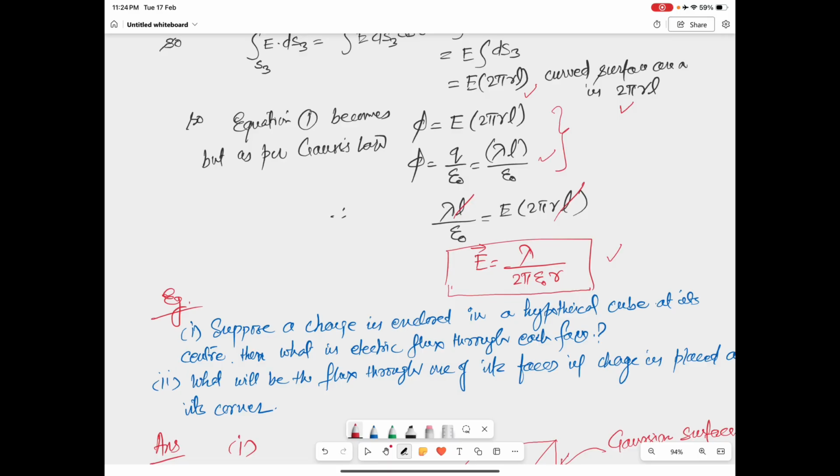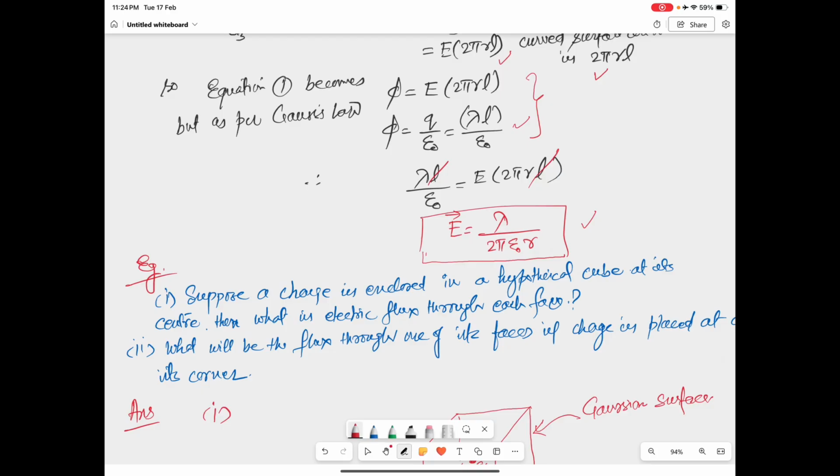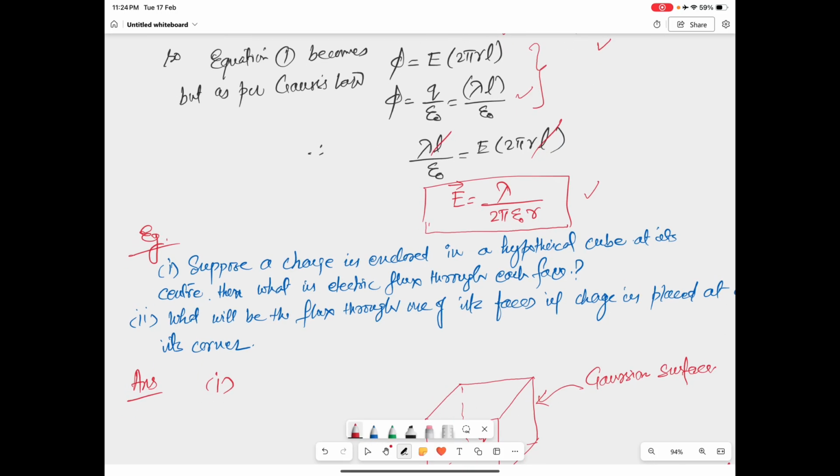The same I have solved through the basic fundamentals of the electric field by discrete charges using the integration method in my previous video.